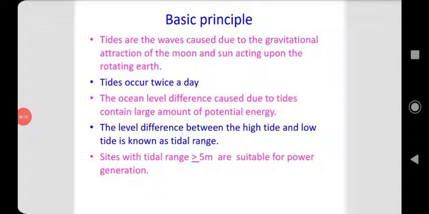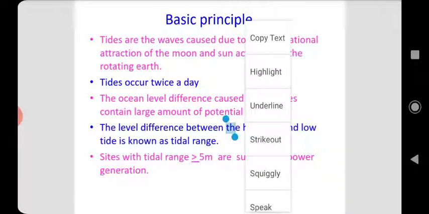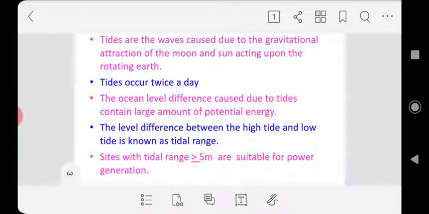Tides are the waves caused due to the gravitational attraction of the moon and sun acting upon the rotating earth. Tides occur twice a day. The ocean level difference caused due to tides contains a large amount of potential energy.